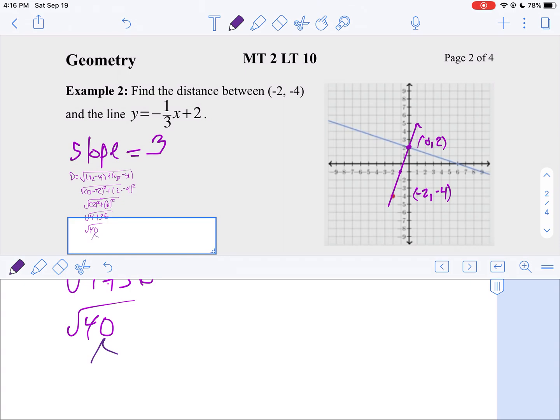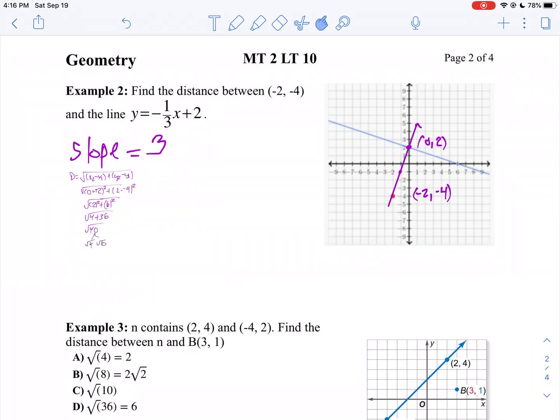Just give me a second. The square root of 4 times the square root of 10. And the square root of 4 is 2. So we get 2 radical 10 is our answer.